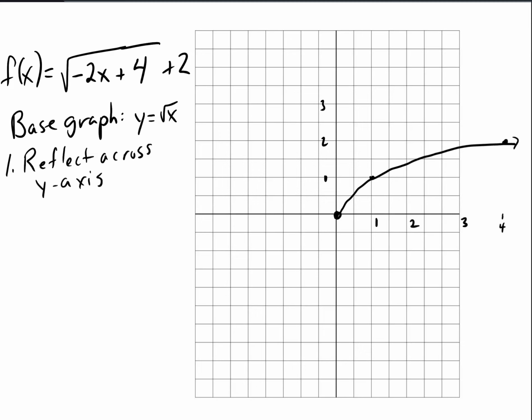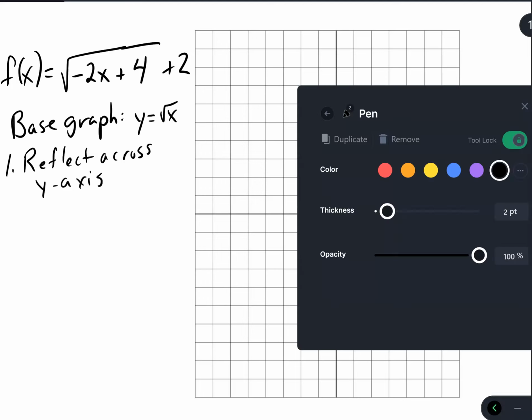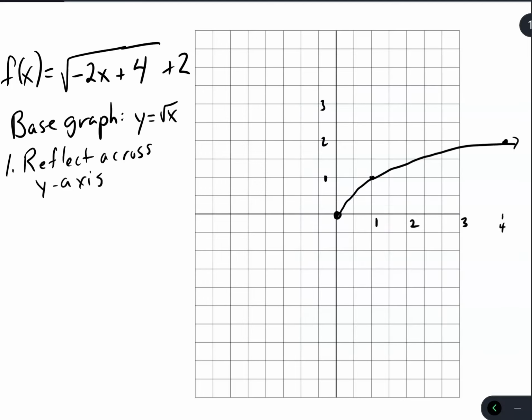It affects the x's, which means we have to go with the x direction to reflect, which is across the y-axis. So just doing the mirror image, we change colors here real quick. We get this point, and we get this point that's way over here, and we have a graph that looks like so.